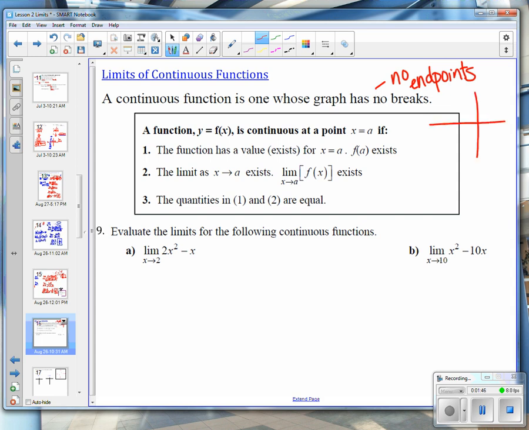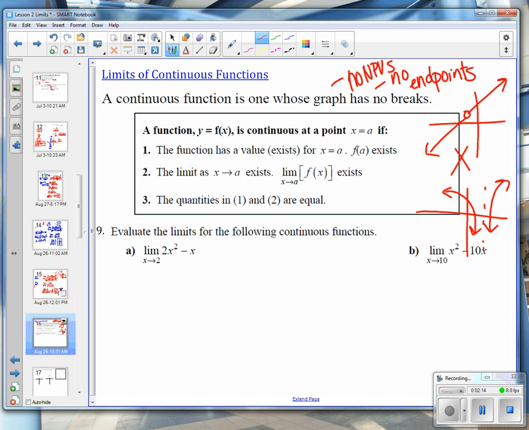Let's say for instance this would not be continuous, again because it's a non-permissible value. So no NPVs. Also, that means no asymptotes. That would not be considered a continuous graph, again because there is basically a break in it. So again, these are all different situations that you need to be aware of.